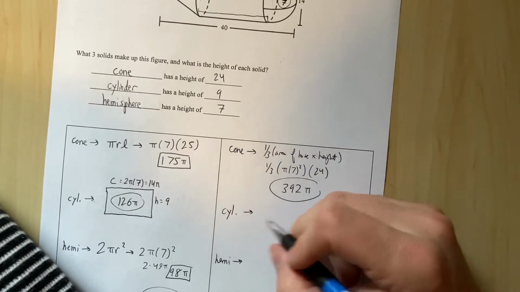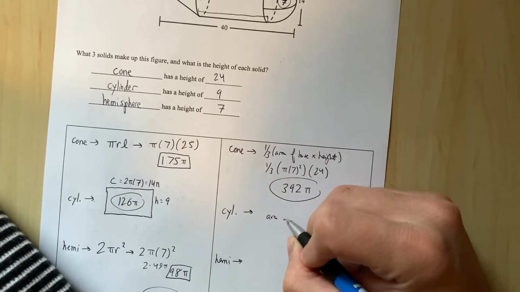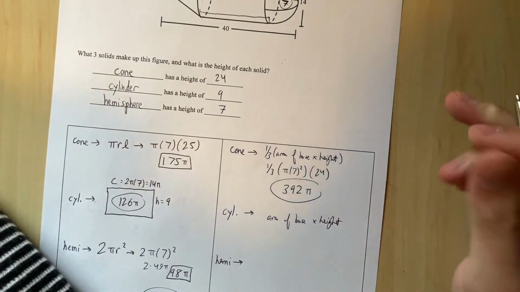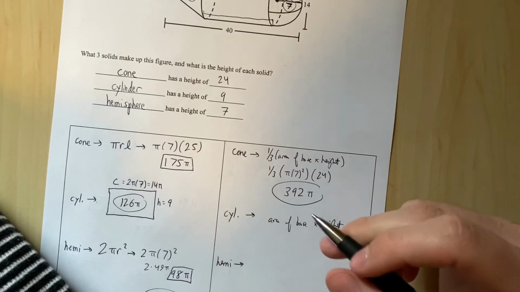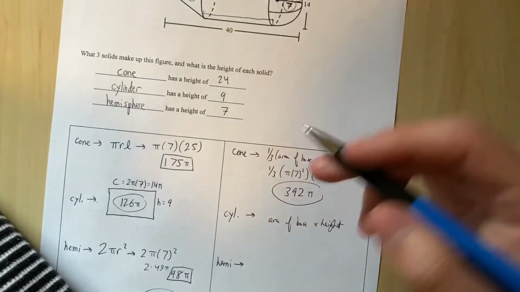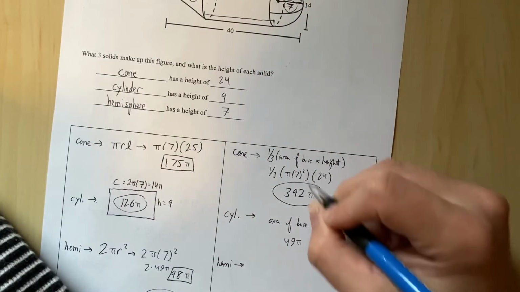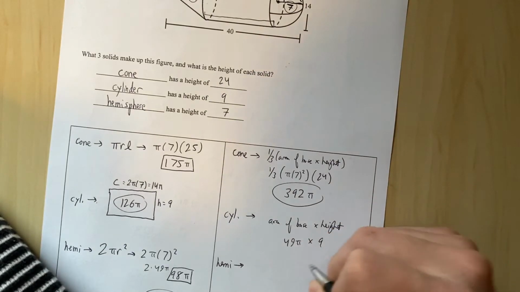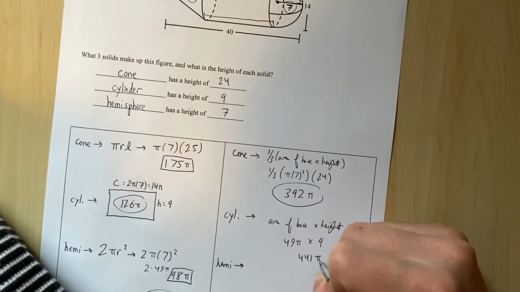Okay. Volume of a cylinder is just area of the base times height. The area of the base of a cylinder is still a circle, so that's just 49 pi, which we found before. The height of the cylinder is 9. So that would make this 441 pi.